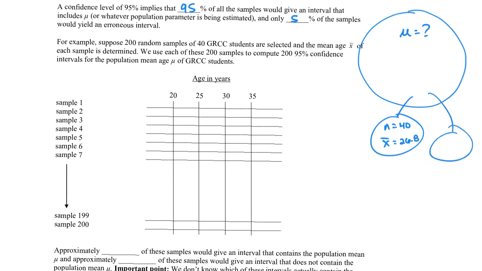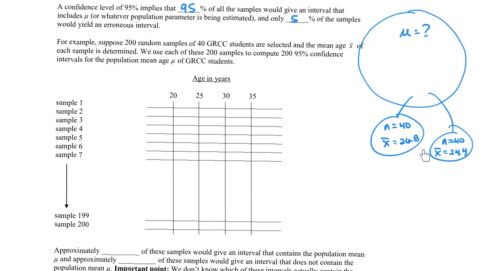Then we get another sample of 40. Maybe the mean of this sample is 24.4. And we just take a bunch of these so that we take 200 of these random samples. Because they're randomly selected, we're going to get different numbers for the mean, right?